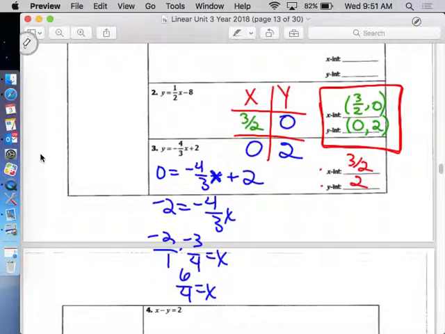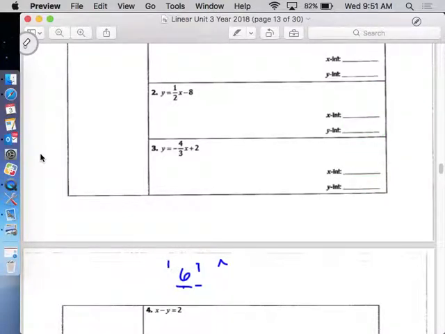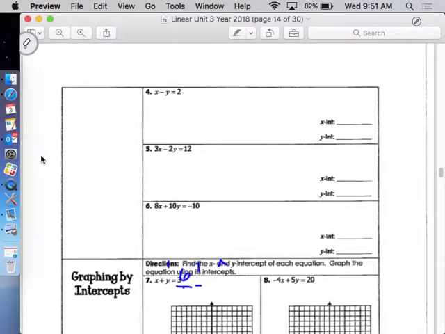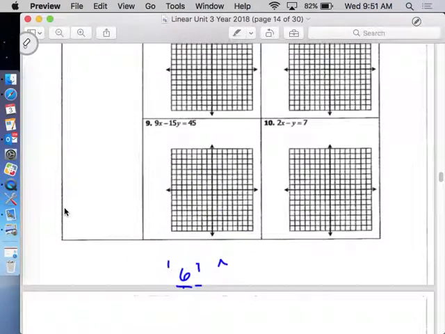Let's look at a few of these, and I want to look at some of the graphing with this. And let's see, I would like to look at numbers 9 and 10. Number 9.